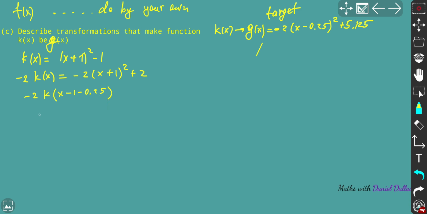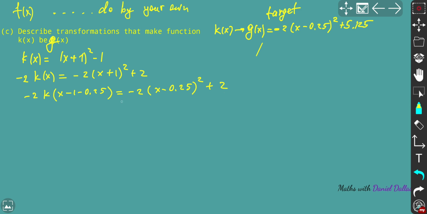So in general, let's have a look at what happens after that. We look at this argument, and instead of x, we plug in x minus 1 and minus 0.25. We will exactly arrive at x minus 0.25 squared. And until now we still have plus 2.